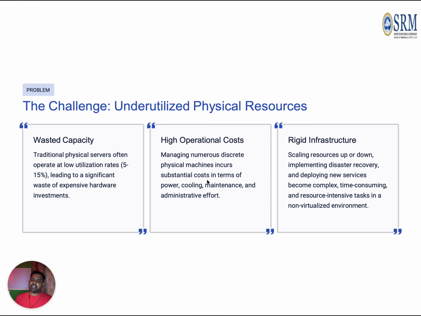That means the remaining 85% stays useless. So actually you are paying for that 85% also, right? When we have a virtual machine, you can create a virtual machine with a capacity of 20%, and with that 20% virtual machine you can install an OS and utilize the 15% that you needed.